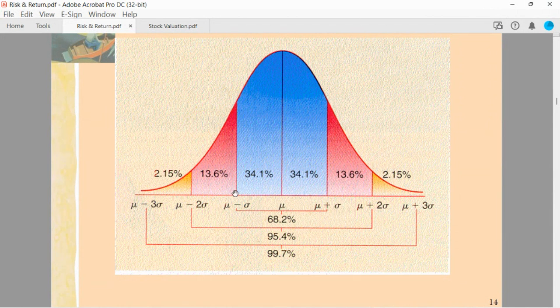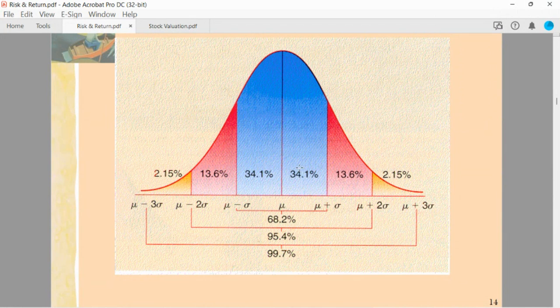The probability of the actual return next month falling within one standard deviation around the mean, which is the expected return, is 68%, right?